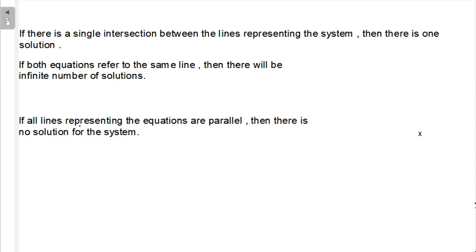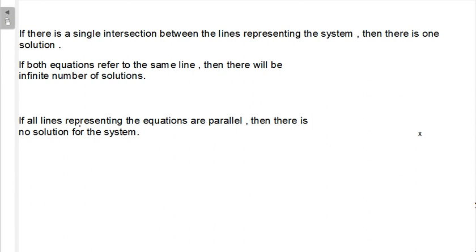Case number one is when there is a single intersection between the lines that are representing the equations in the system, so there will be only one solution for the system.